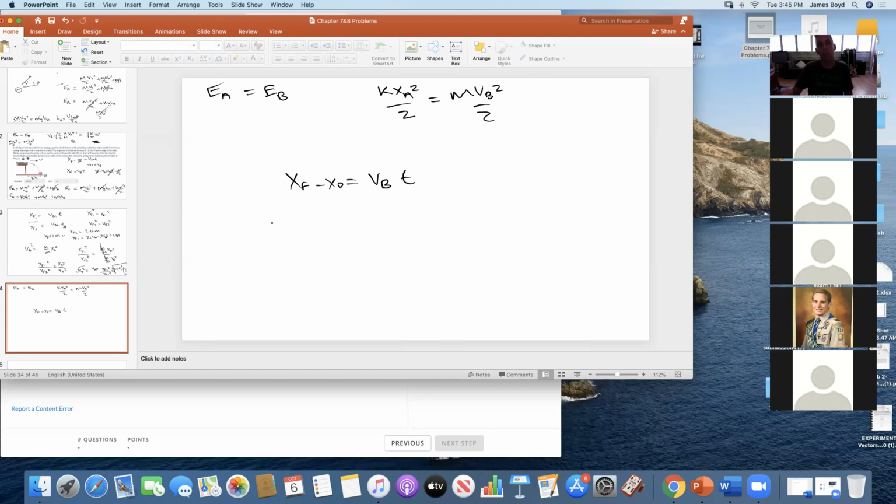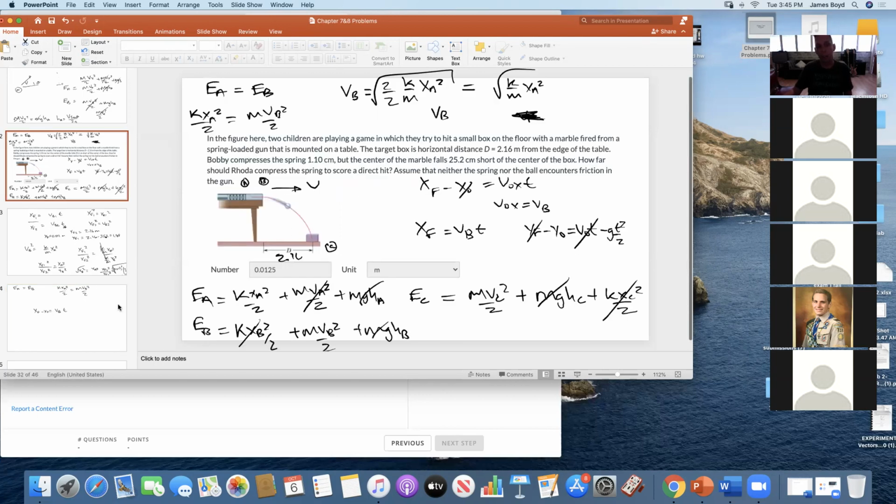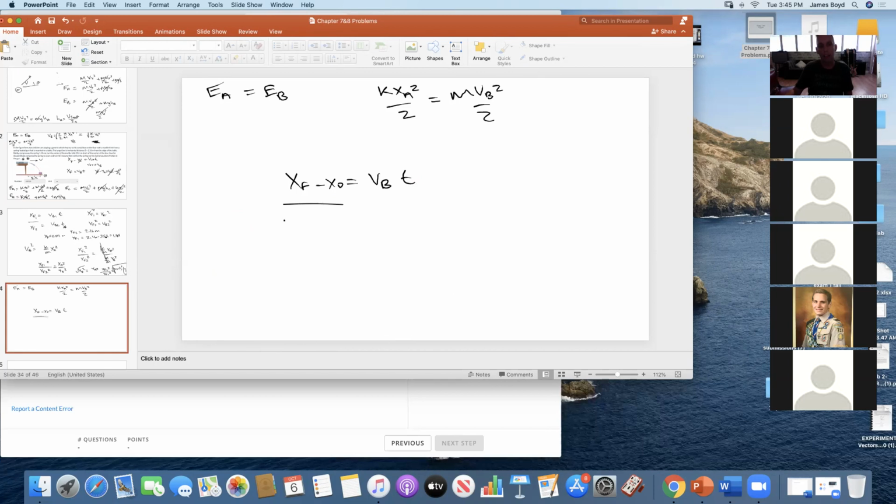And then we used the fact that they did 2 trials, and we used that, x final minus x initial equal to vB t, for 1 and 2. So this is trial 1, and this is trial 2. And we set those equal. These canceled. The times were the same because they only depended on y.